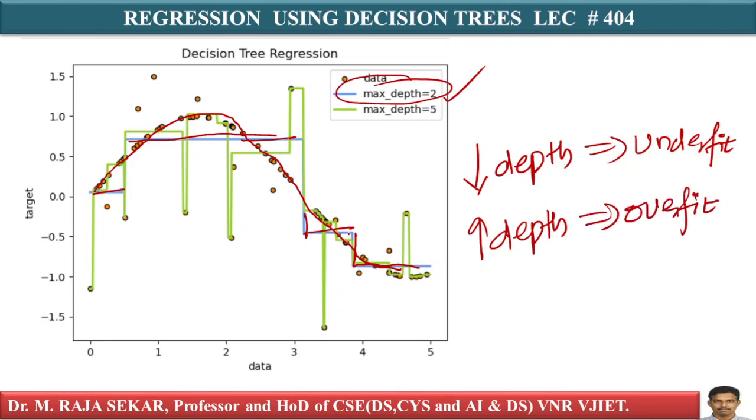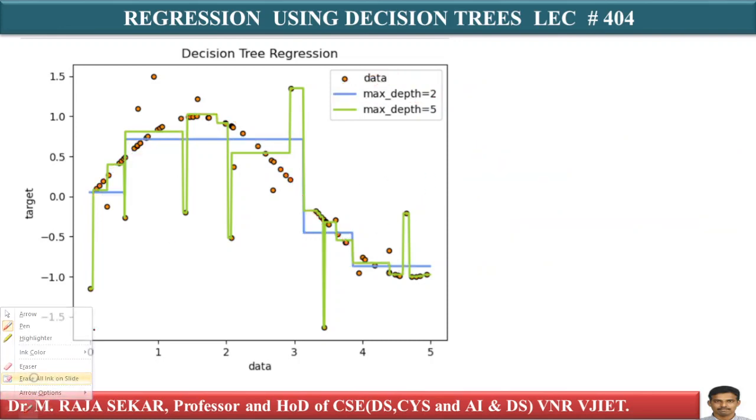If I make maximum depth equal to 5, what happens? I will get this light green line.